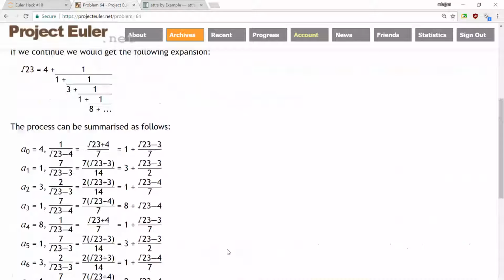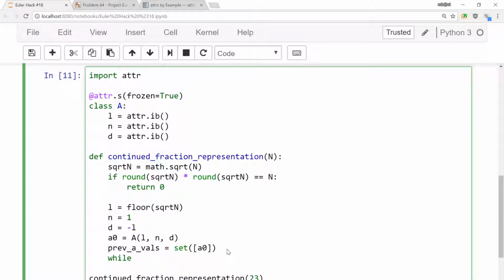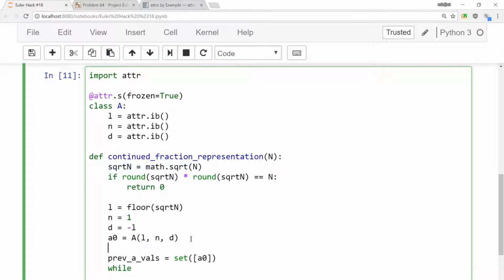Because the period is always what's after A0. Yeah. Okay. Here in the example, for square root of 2, we have 1 and then a period of many 2's. Okay, so well, then we're capturing our CFR in any case, and that will start off with L.